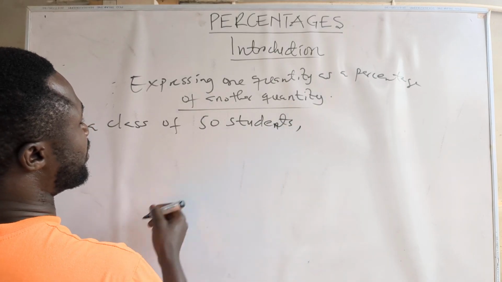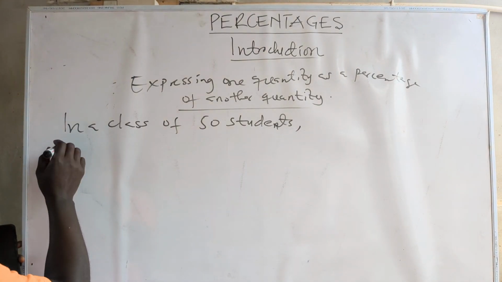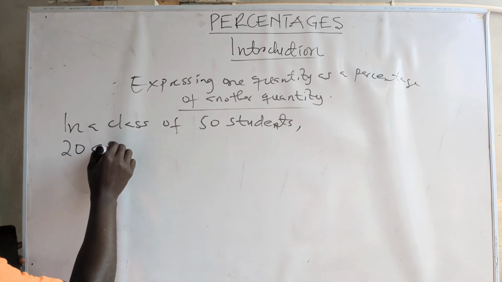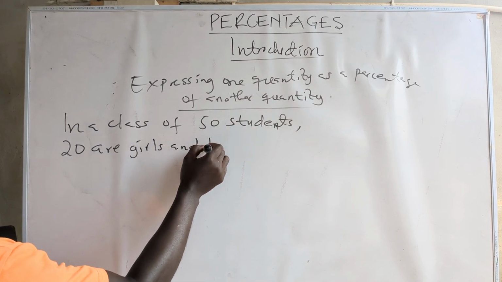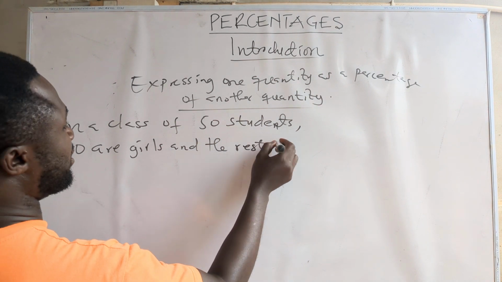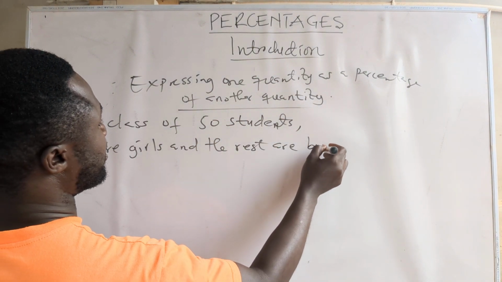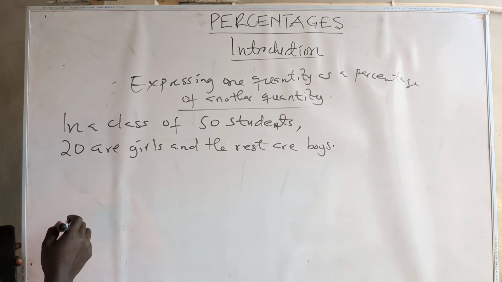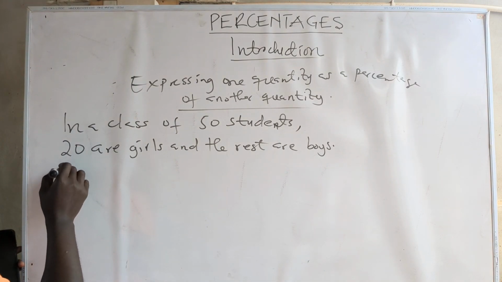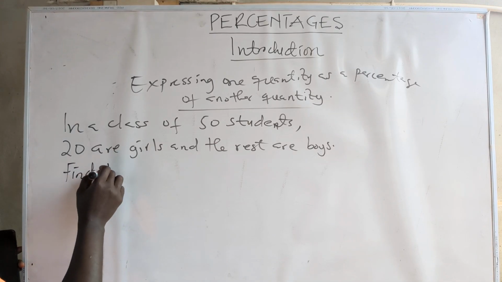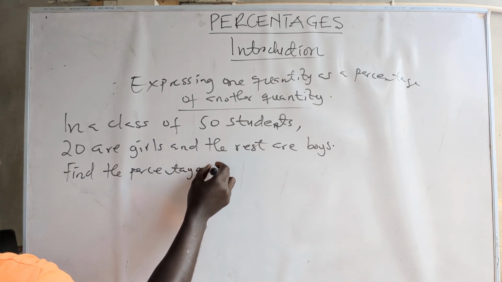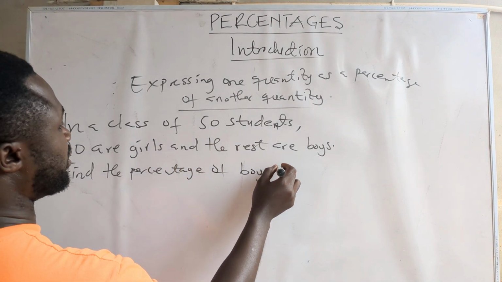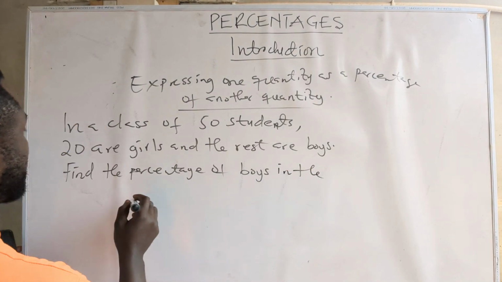In a class of 50 students, 20 are girls and the rest are boys. Find the percentage of boys in the class.